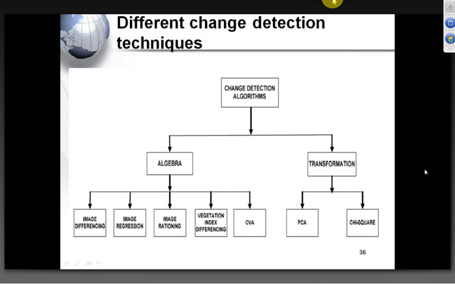The second part is transformation. Under it, PCA and chi-square come. So these are the broad classifications of change detection algorithms that have to be applied over the remotely sensed acquired images for proper change detection. We will discuss a few techniques in the later part.